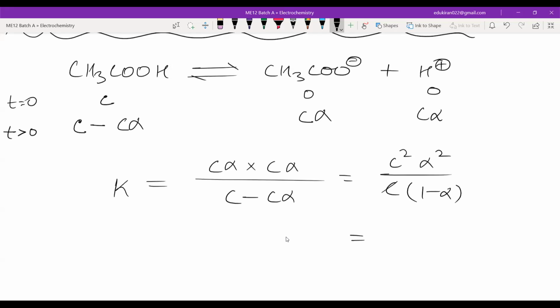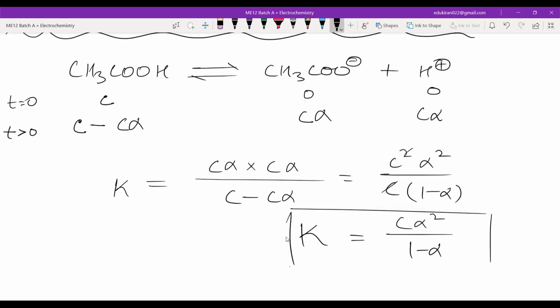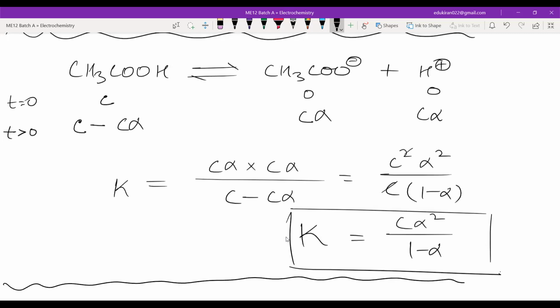C can be eliminated, so this will be C alpha square upon 1 minus alpha. So this is your formula for the equilibrium constant of a weak electrolyte with concentration C and degree of dissociation alpha. If you want to copy this, you can copy this too.